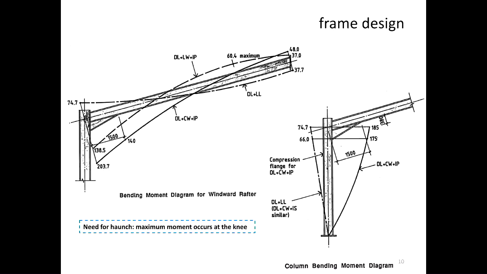So the need for the hunch, maximum moment occurs at the knee. When you add that on the rafter, you have that on the knee, you have a lot of moment transfer between one column to the rafter. Then typically, just a smaller section is not enough. So what they will do, they will have the hunch. That's the hunch.